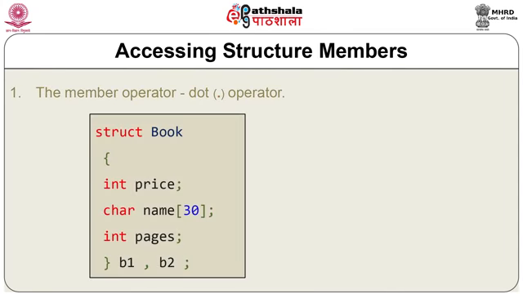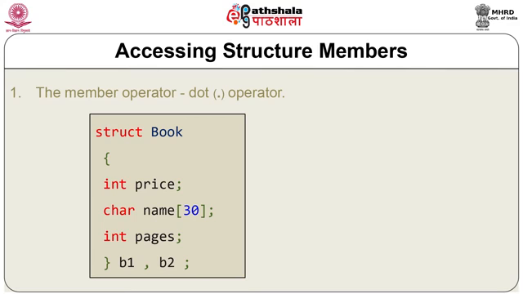This is a simple syntax used for accessing structure members using the dot operator. You can see the structure name is book. There are different members like price, name and pages. This is the structure of book. Price is an integer, name is a character, and pages is an integer.